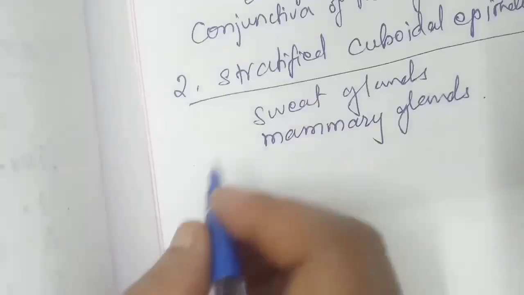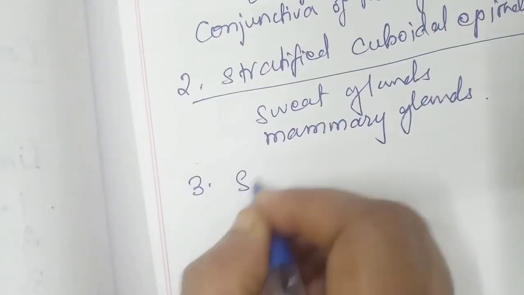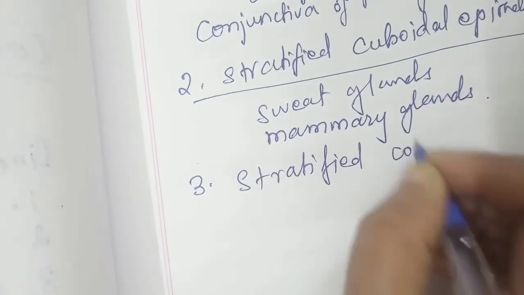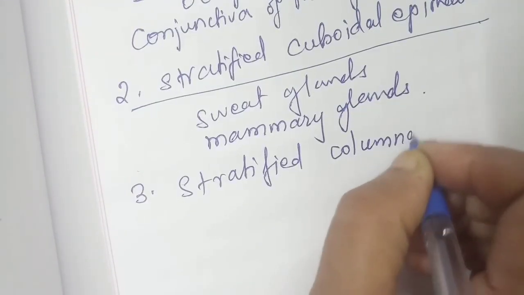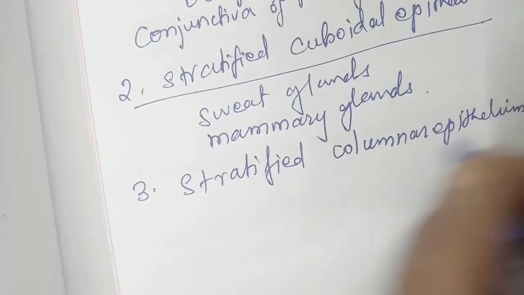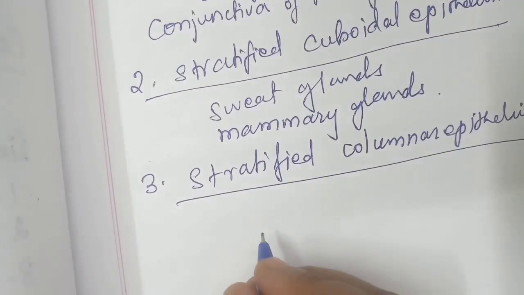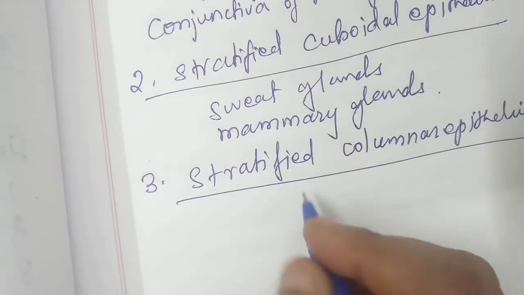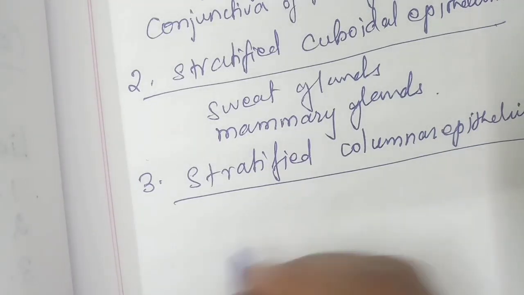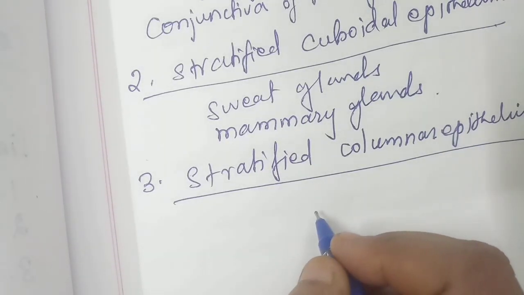Third one is stratified columnar epithelium. Here they are columnar in type, that is tall cells, but many layers of cells will be there.